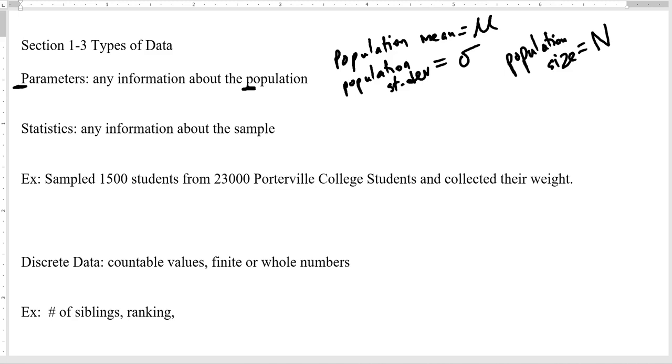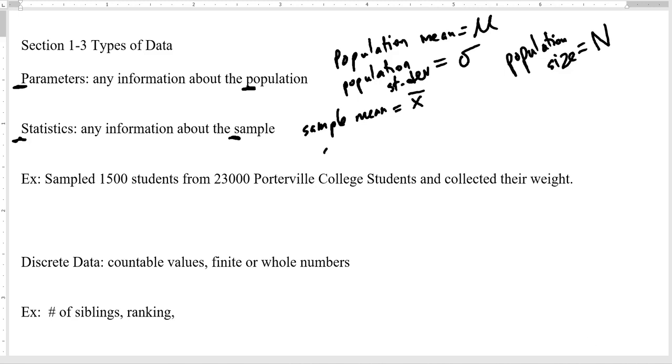If we have a census, we have information about the population. Population size is big N. Statistics, S, information about the sample. If I do a sample mean, we use an X with a bar on it. X bar is how we write that.